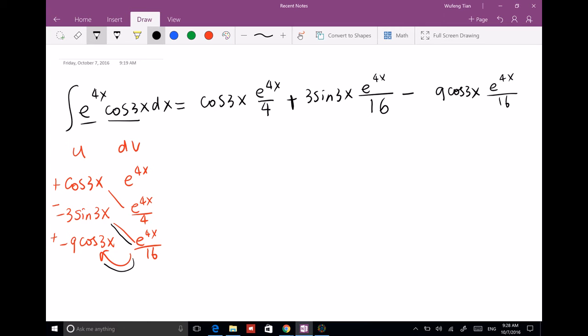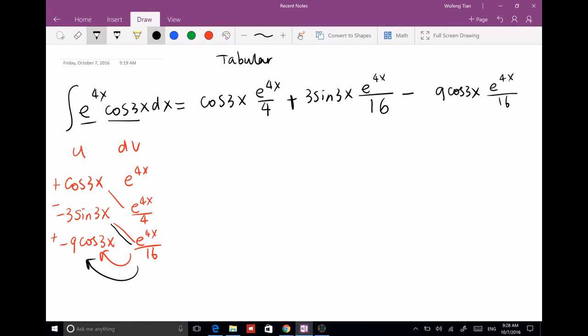These two go together. I think that's why I want to ask you, because I remember 3 of you missed that class. So it's the tabular method, which is very powerful and very useful. If it's uv minus du v, and the last part, you can see my symbol here goes back to here.